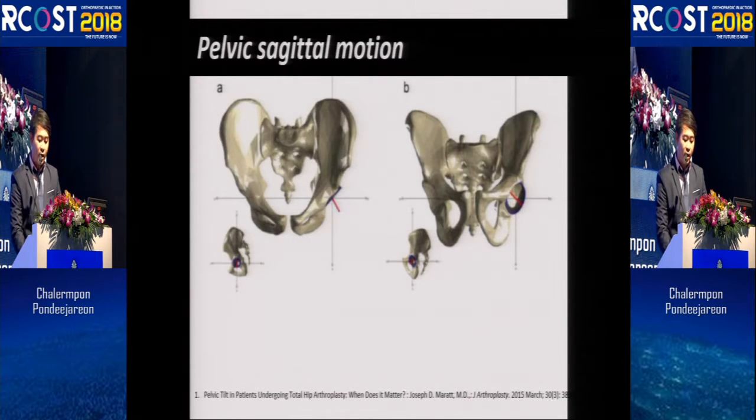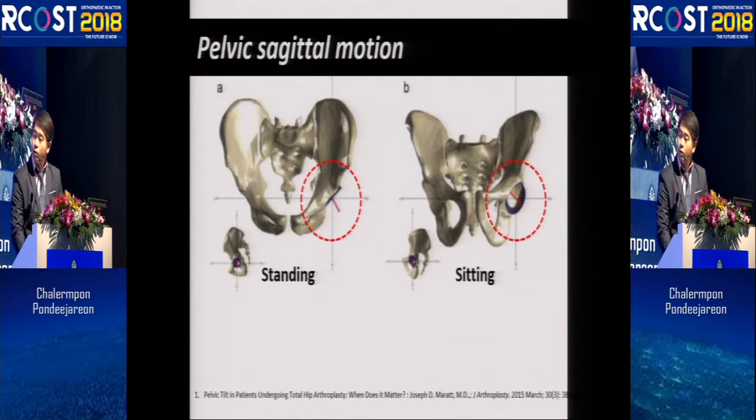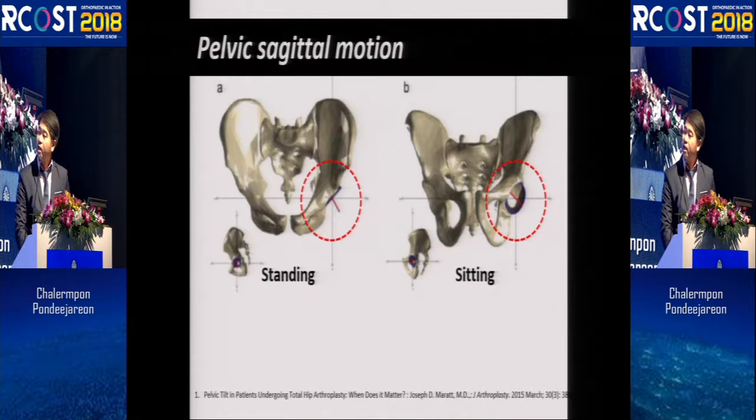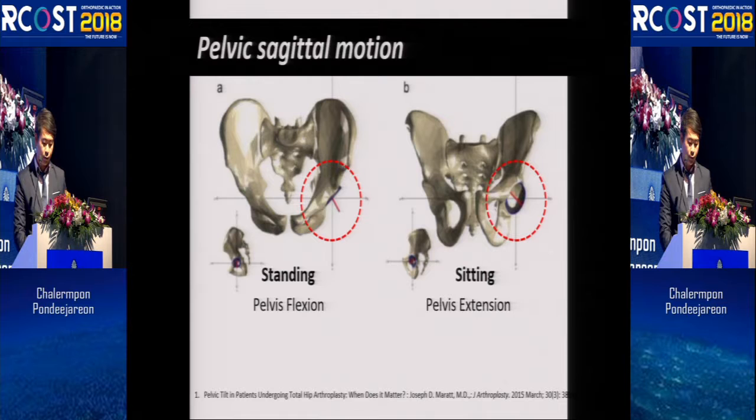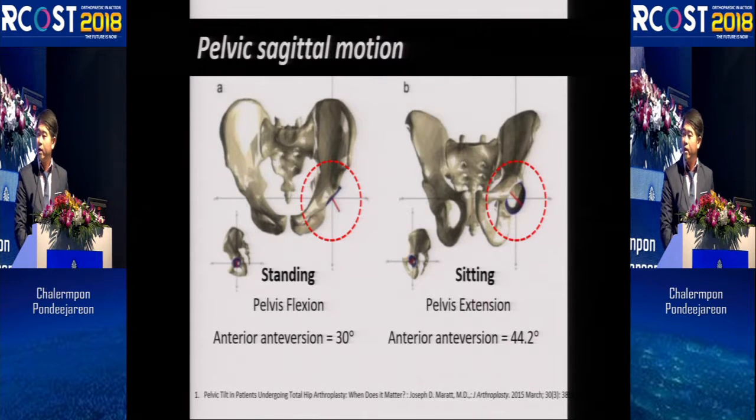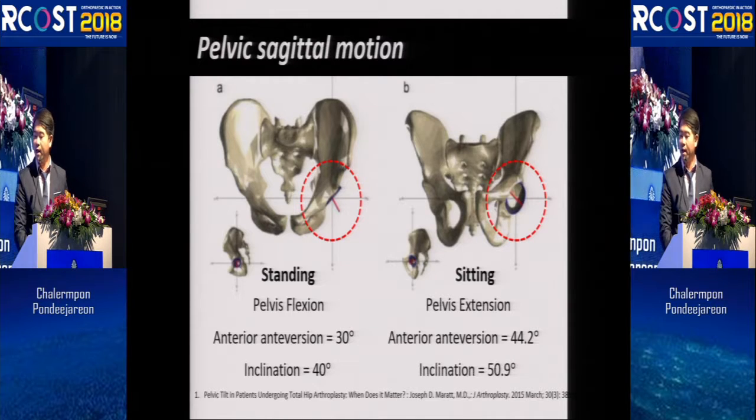For our DDH patients, when the pelvic sagittal motion changes position from standing to sitting, the pelvis also changes from flexion to extension. That effect on the acetabular cup will increase the anteversion and the inclination.